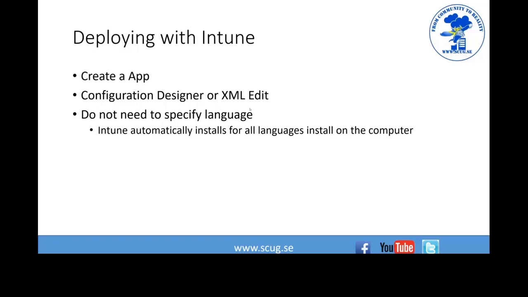By default, I would go into Configuration Designer for our clients that we have co-managed, where applications are coming through co-management for Autopilot. We use the Configuration Designer. If you want to and you have an advanced setup, you can also select the XML and enter your XML for the Office setup directly in here. Otherwise, you're going to go through the Configuration Designer. It gives you options, what products you're going to install.